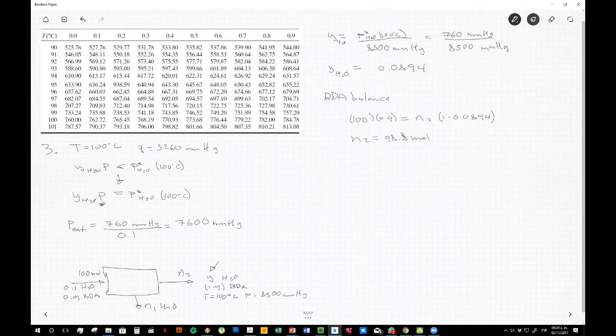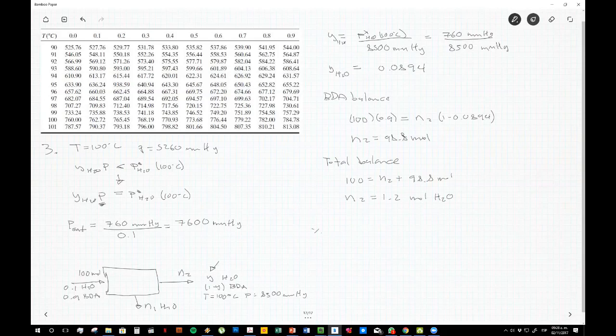And with that one, we can obtain, of course, with the total balance, that 100 is equal to N1 plus 98.8 moles. And this gives us that N1 is equal to 1.2 moles of water.